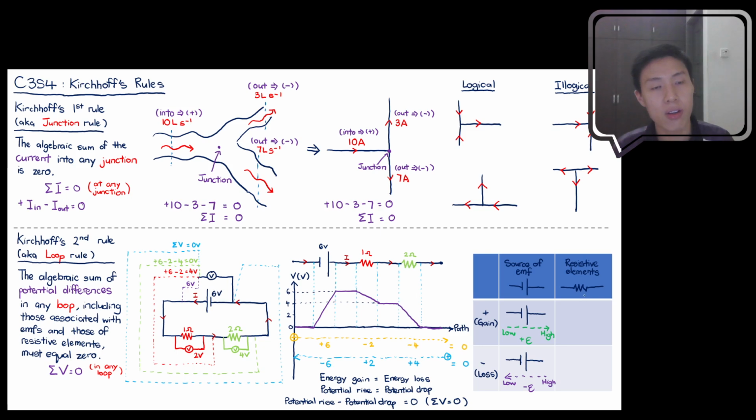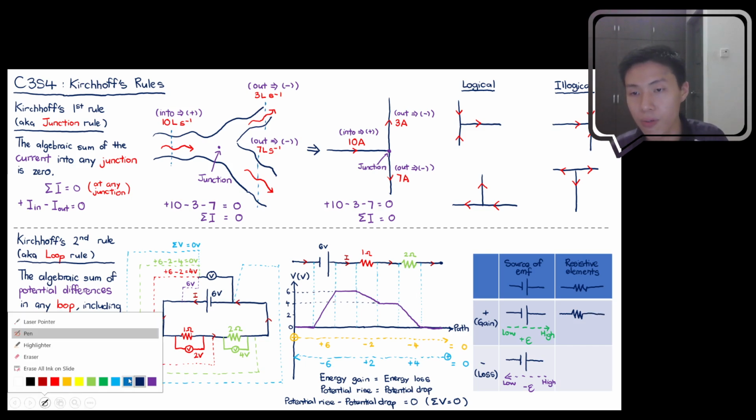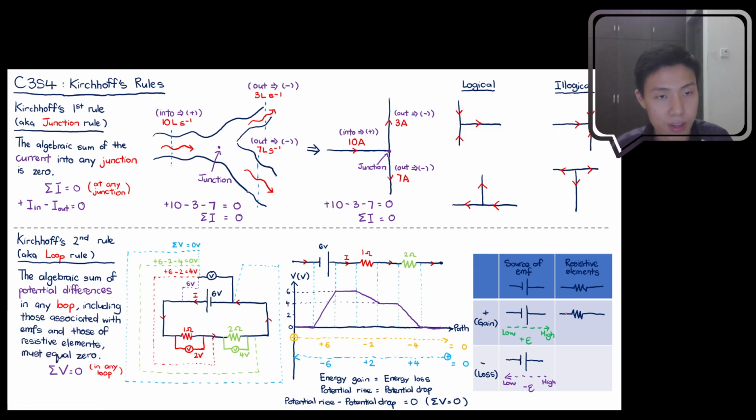Okay, continuing on that, if we talk about resistive element, you have to be aware of where the current is flowing. What direction is current flowing? Let's say today we have current flowing to the left.